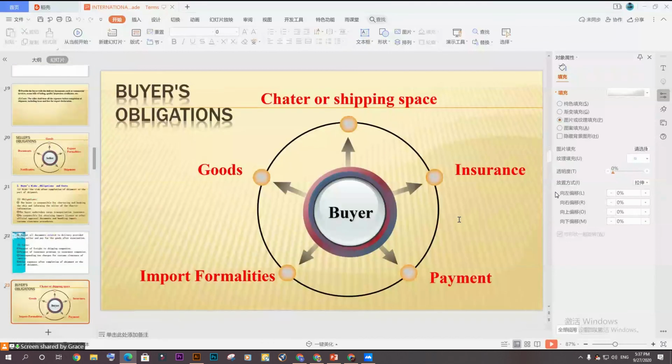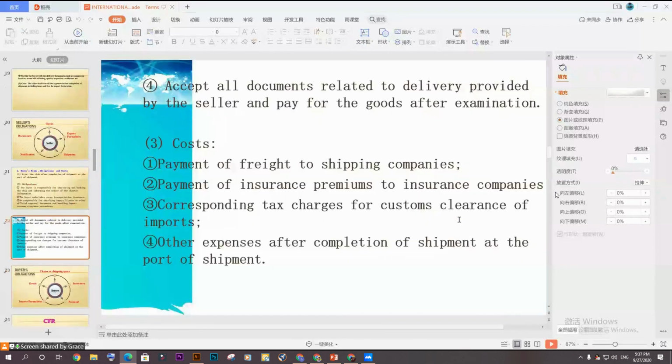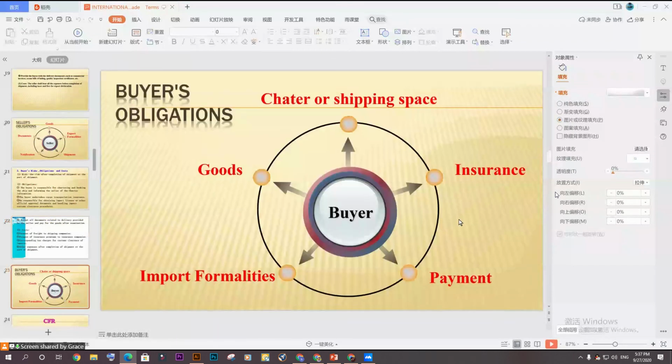So this is some words about the buyer's obligations, and also we have another picture for the buyers in FOB. In these three terms, we can see there are also 5 points.